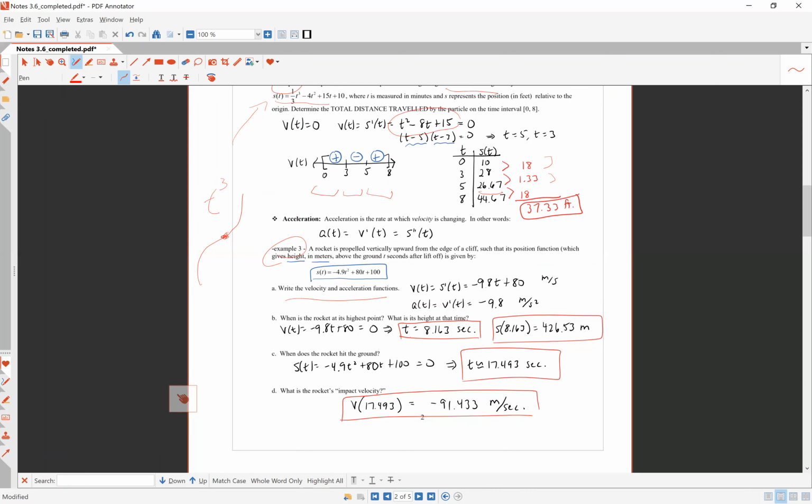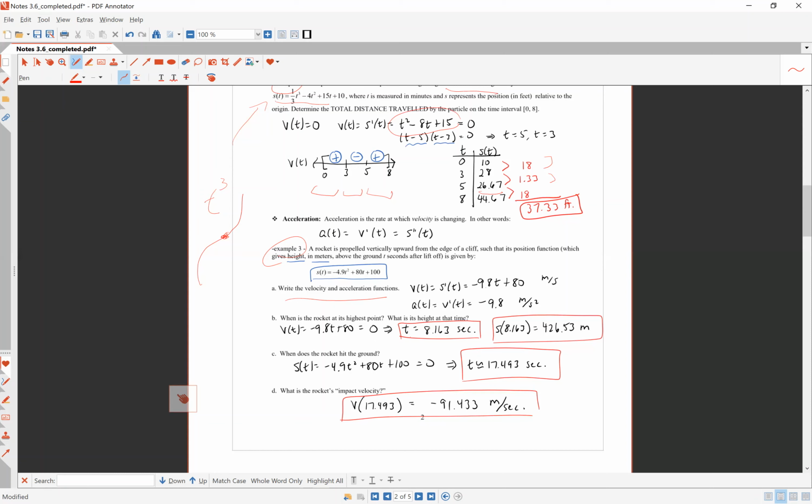You throw a ball in the air, and where it's at its highest point, the velocity is zero, right? The ball is going up and up and up, but it's slowing down. The velocity is decreasing in magnitude, but it's still going up. And then when it reaches its peak, the speed starts picking up, just like a roller coaster as you go down.